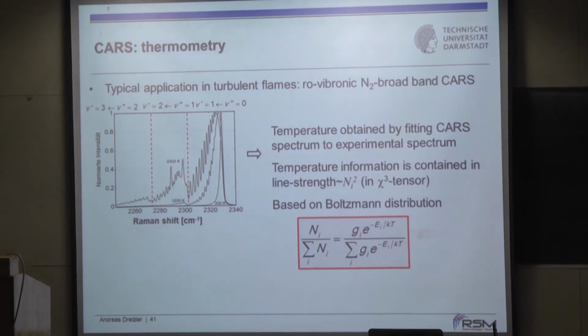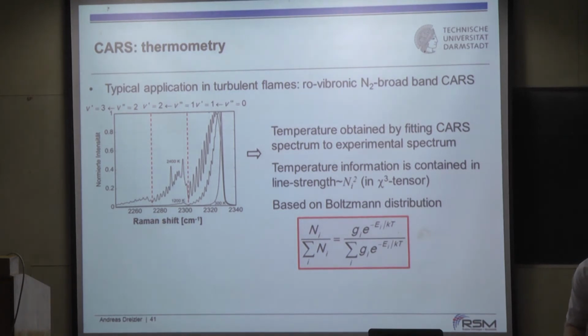You go from zero vibration to the first vibration state, maybe here. But you start not only from one rotation level, but from different rotation levels. Maybe I should make a drawing again, because that is important. Otherwise, it is not clear yet. Maybe I draw only the first band.